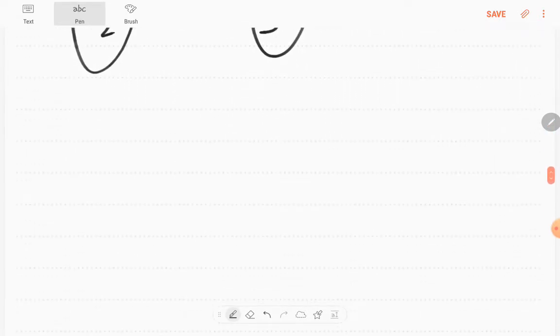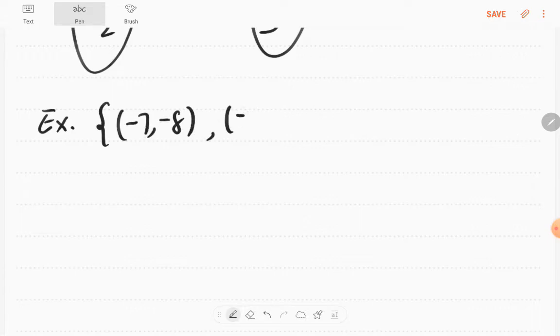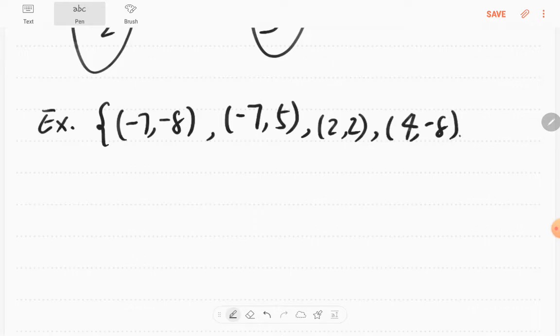Let's look at another example. (-7, -8) is one point, (-7, 5), (2, 2), (4, -8), (10, 6).